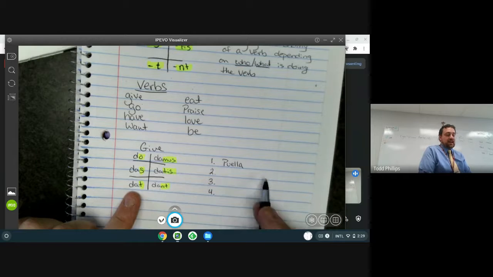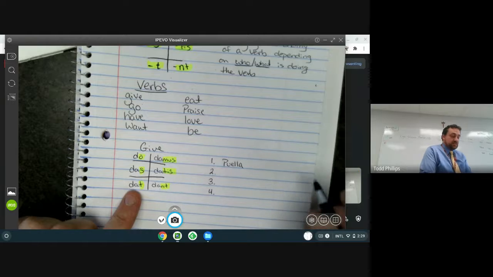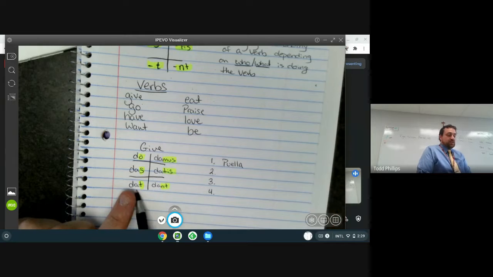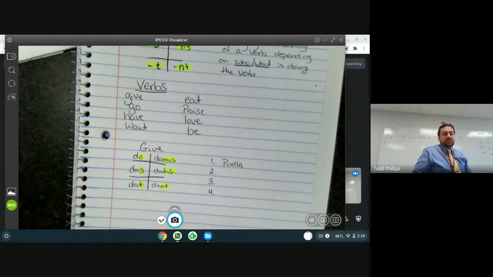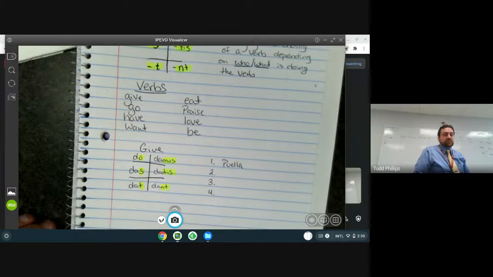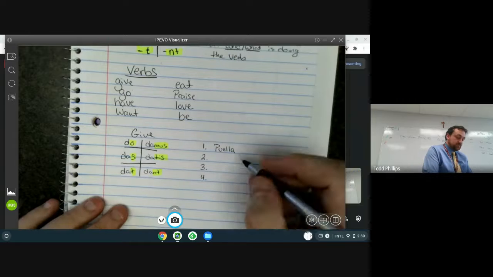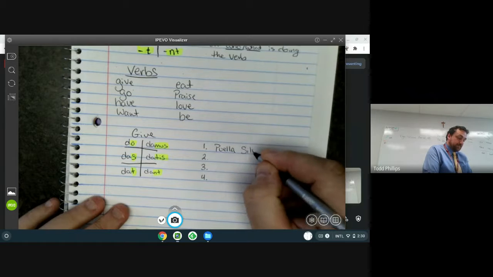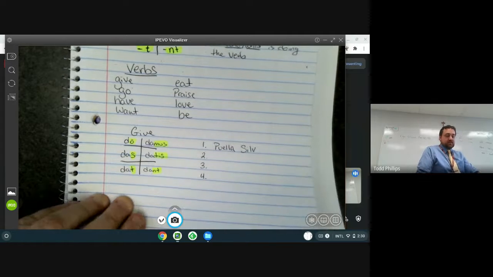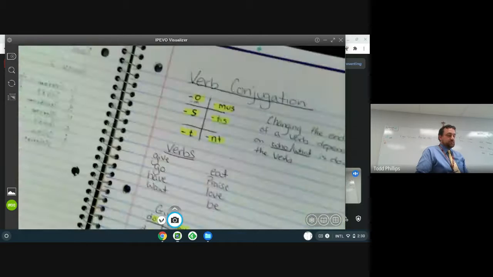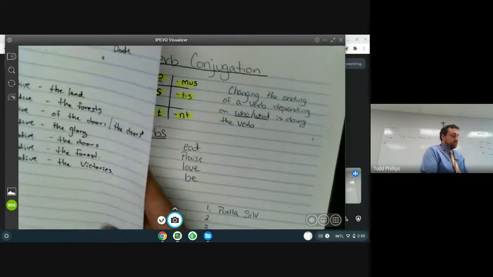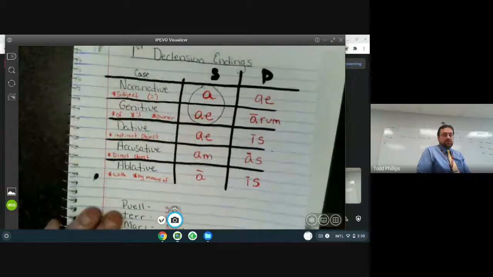So I'm not going to write dat yet. In Latin, we tend to write our verb at the end of the sentence. So we have to think of what is she going to give? Let's say that she gives a forest. So this is going to require us to look back at our notes that we took.